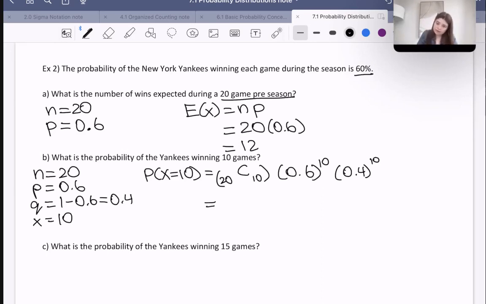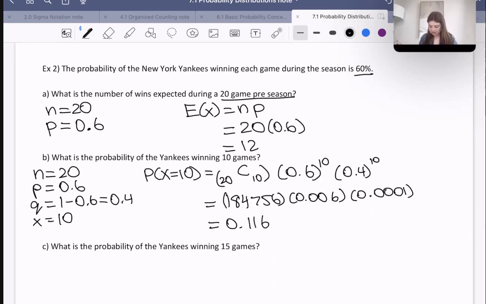If we plug this in our calculator, we'll get 184,756, and we're going to end up getting 0.116. So about 11.6% chance that the Yankees will win 10 games.